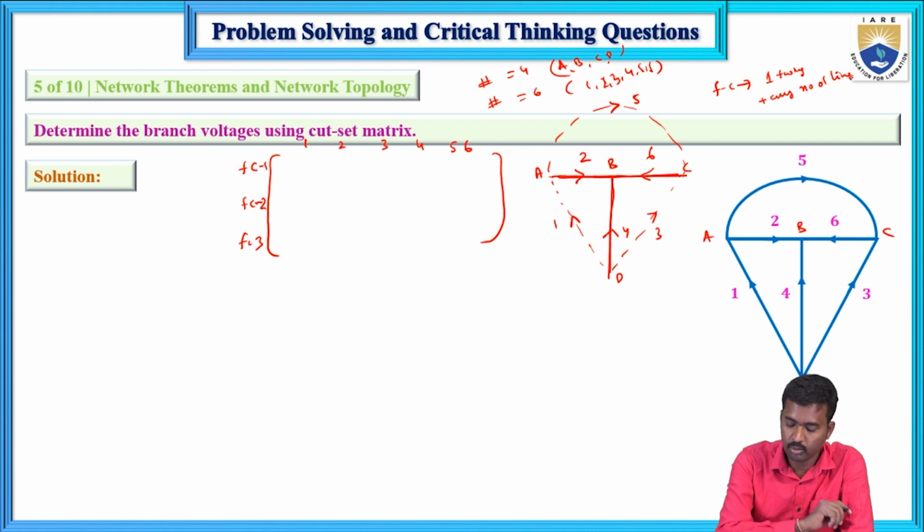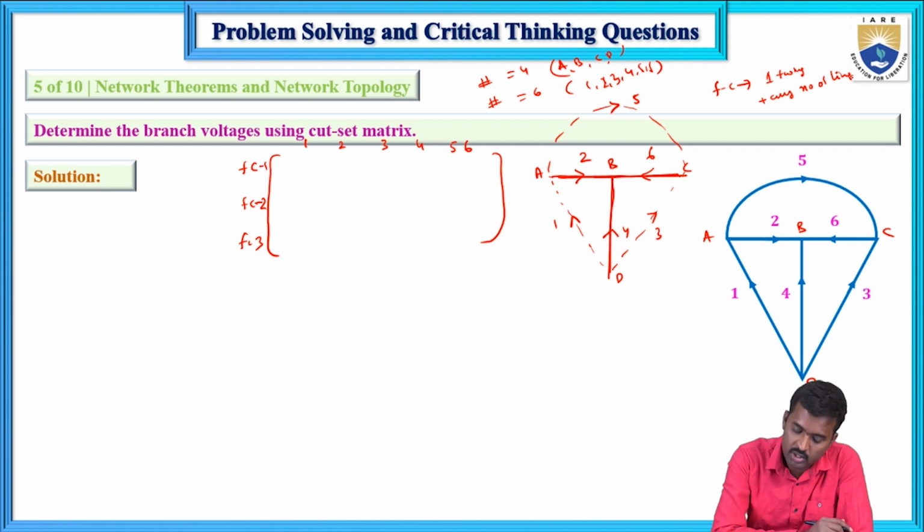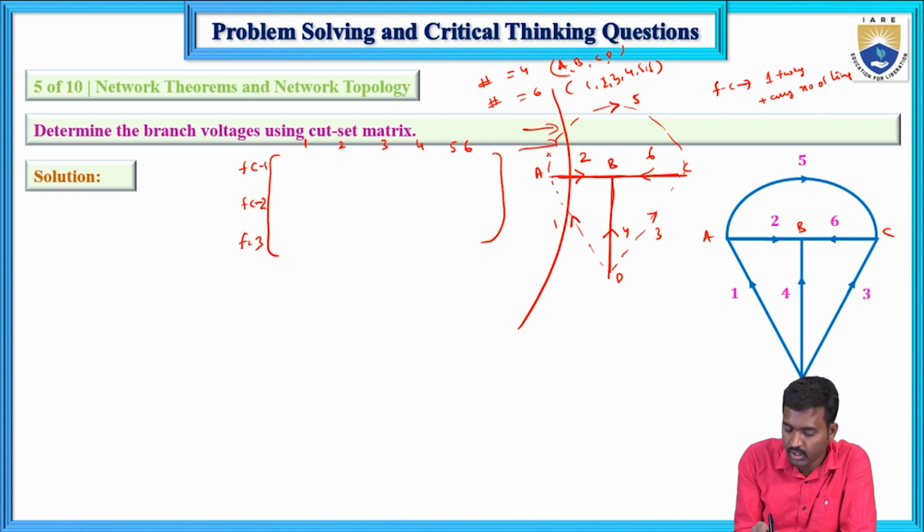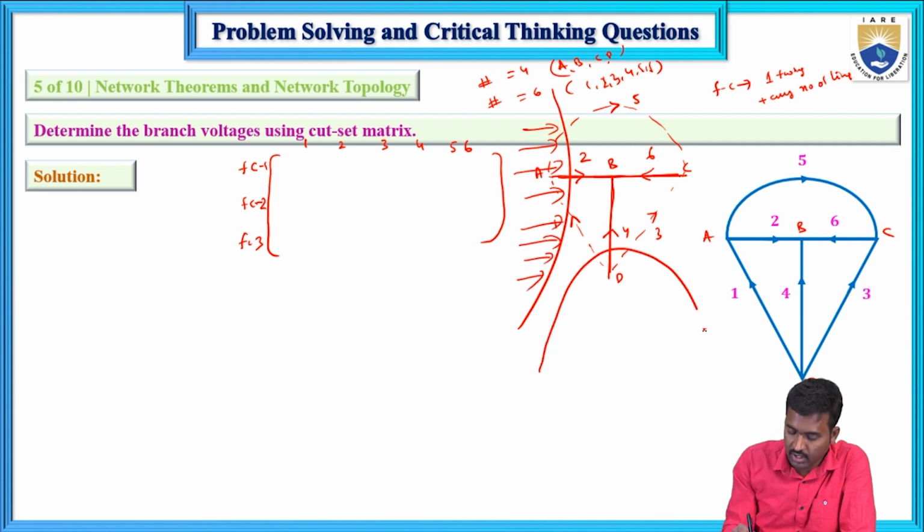So for the first case, the possible number of F-cut set is 1. That F-cut set 1 direction should be this twig direction. And the second F-cut set direction should be like this, with only one twig and the remaining 2 links. Here also there is only one twig, in the direction of the 4th.